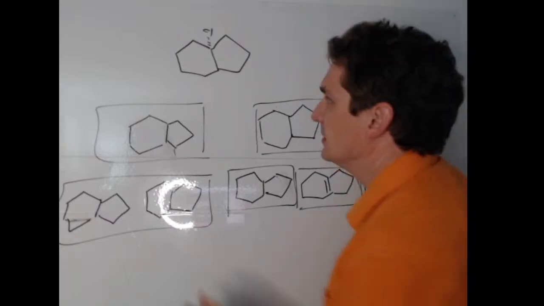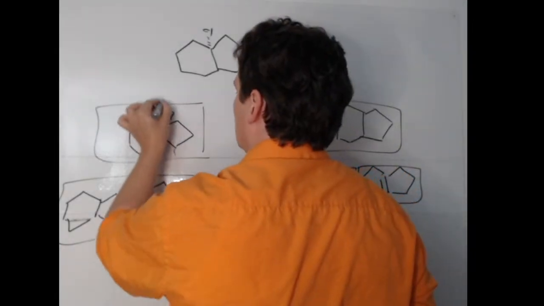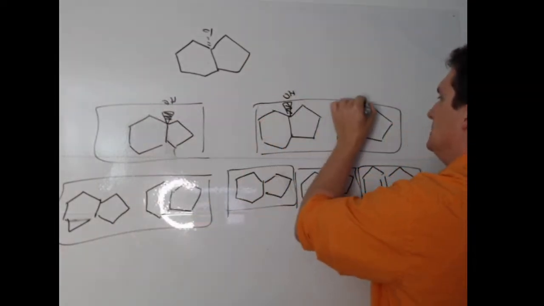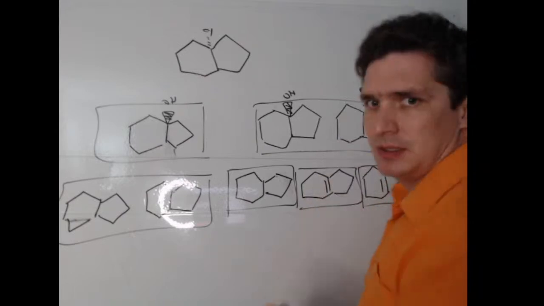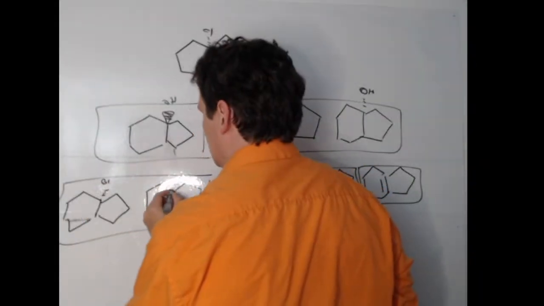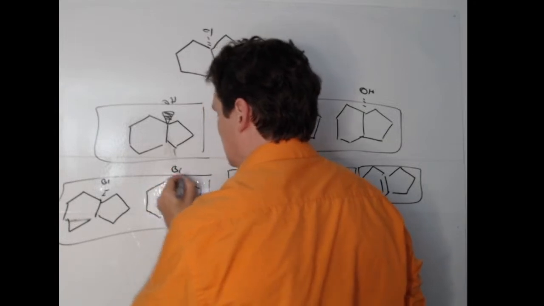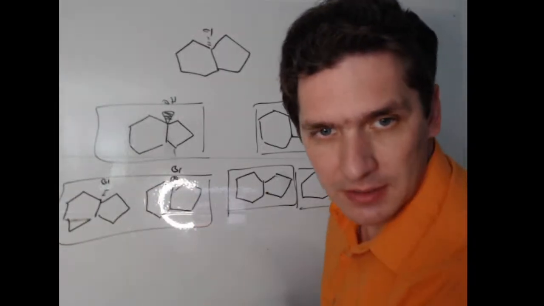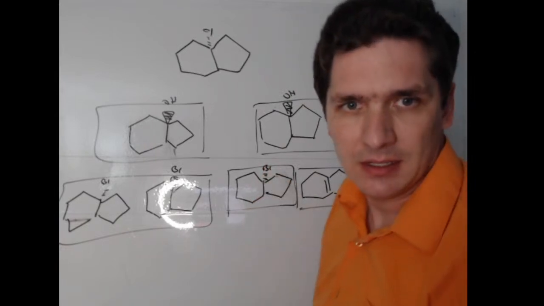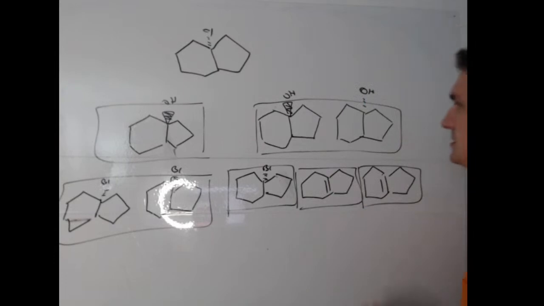Almost done. We have to make sure OH is. And down here we've got bromides. Here we have a single bromide with inversion. And here we've got just the alkanes.